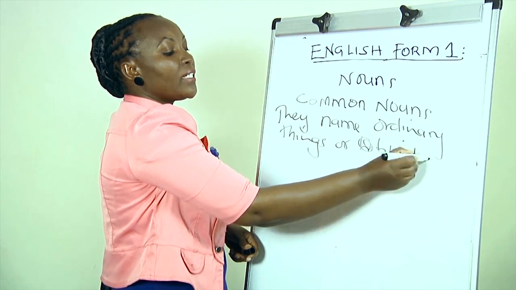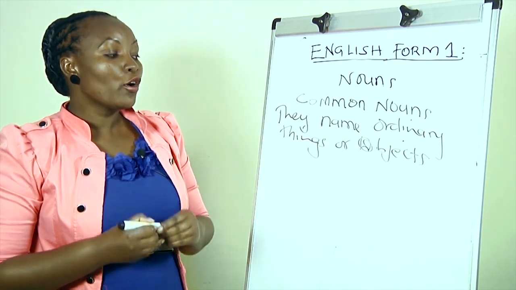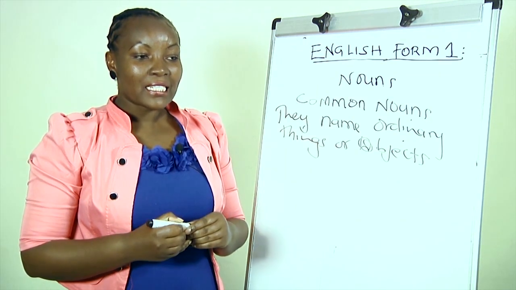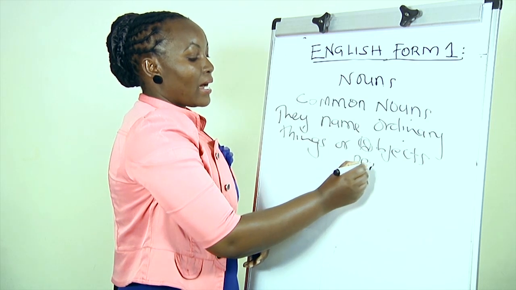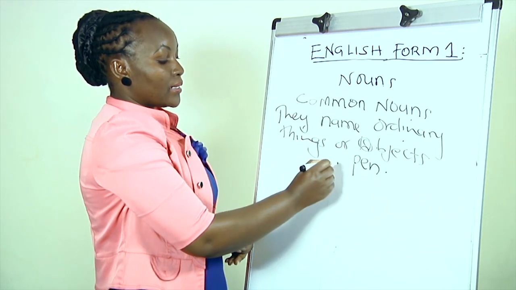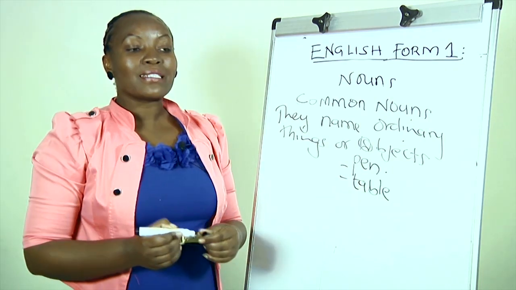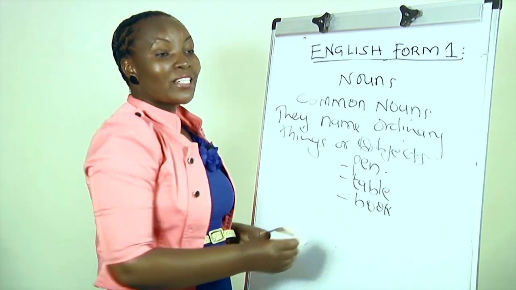They name ordinary objects. For example, if you look around you, you are going to see various items that are ordinary. For instance, a pen is an ordinary item. So a pen is a common noun. If you look around, you might see a table. A table is an ordinary thing. Or you might see a book. A book is an ordinary thing.